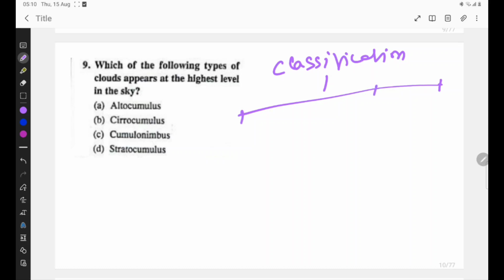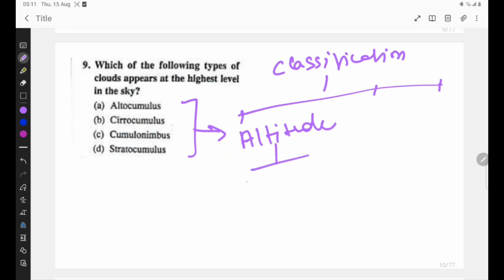For example, their genesis or the altitude at which they are found, and the morphometry or the forms of clouds, like hairy or bubbly or layered. These are the classifications of clouds on the basis of the altitude at which they are present.